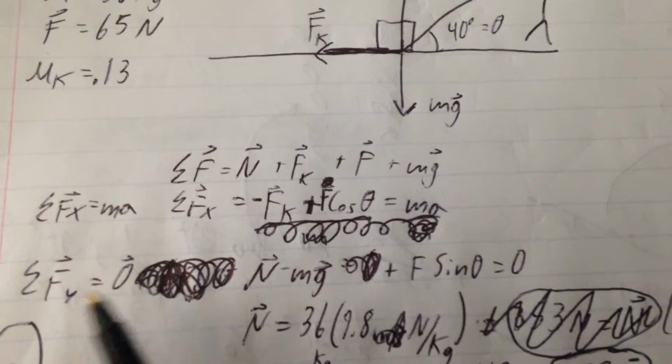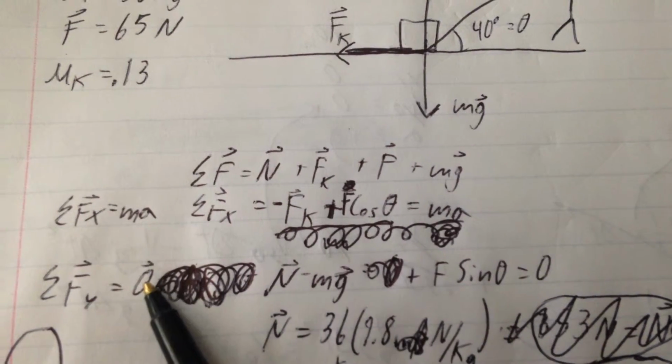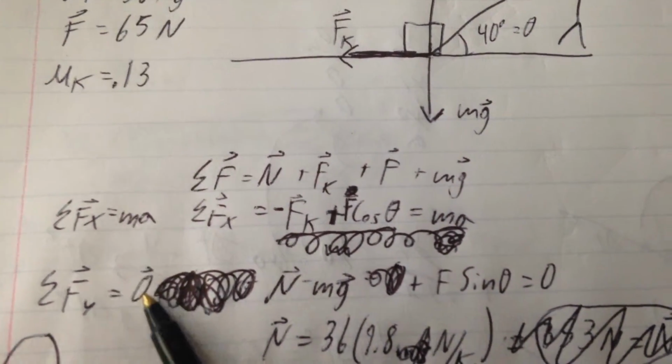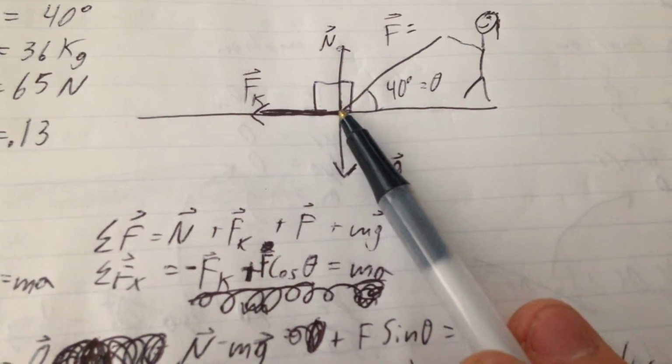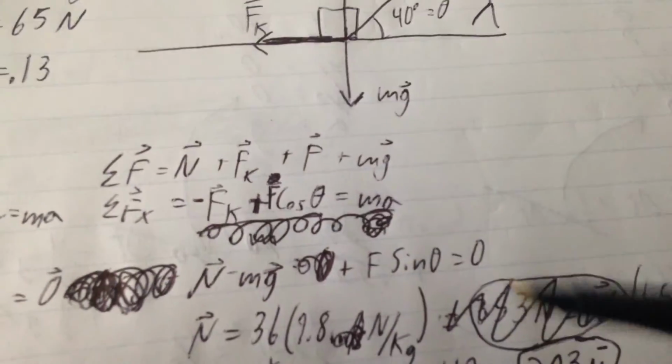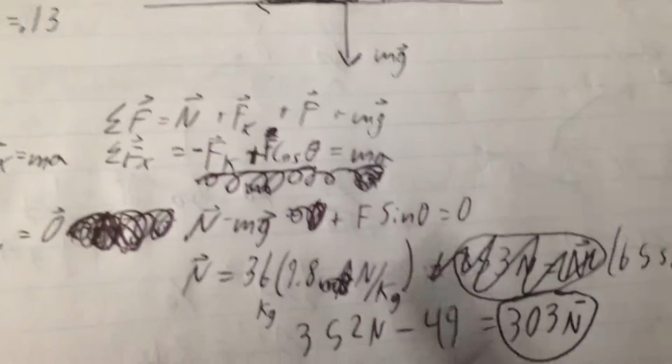Then the sum of forces in your y is equal to 0, because there's no acceleration in the y direction. So normal force minus your mass times gravity plus force times sine of theta, sine because it's opposite over hypotenuse and you're using your y's.